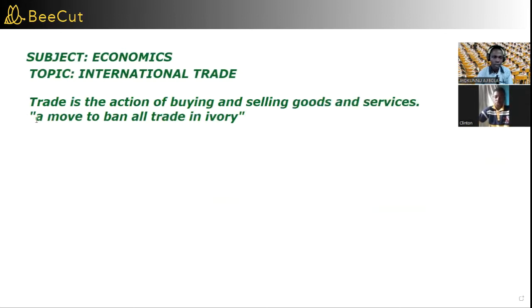For example, if I say, they move to ban all trade in ivory, that means all buying and selling of ivory is about to be banned. So trade is just business, and business involves buying goods from markets and coming back to sell them. That's what trade is about.